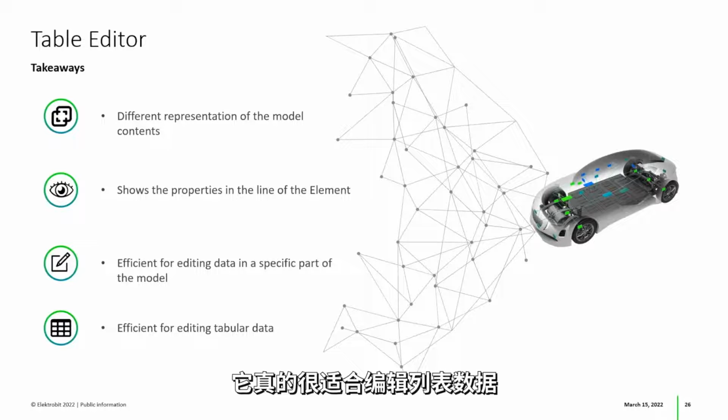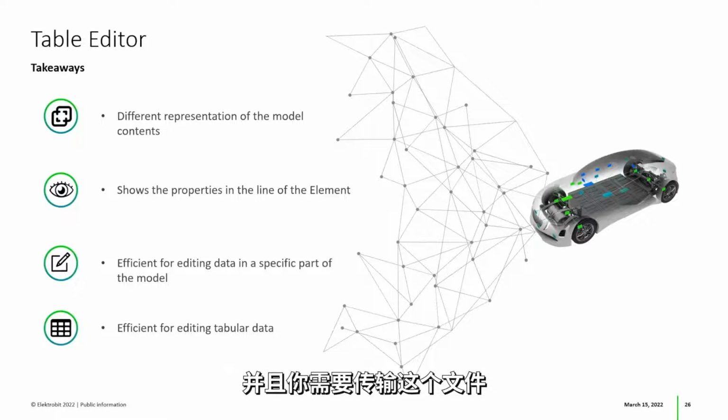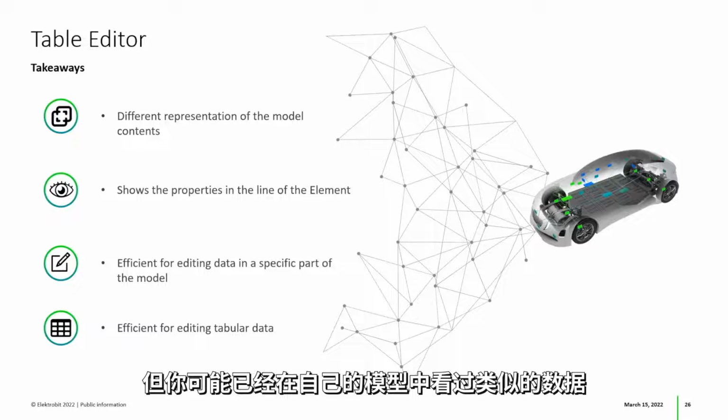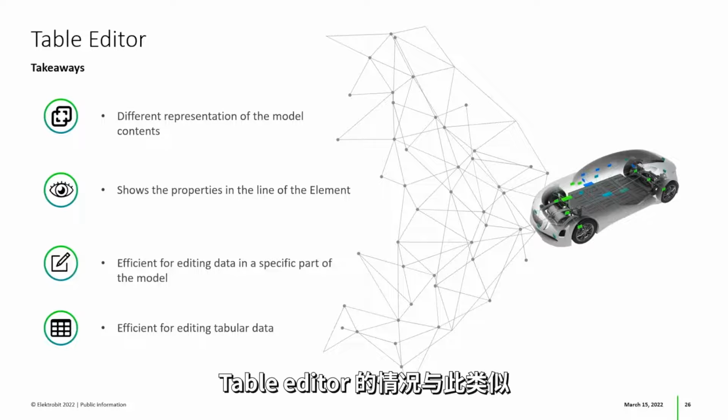And that makes it really, really good to edit tabular data. So maybe you get from your OEM an Excel file that you would have to transfer. You could also write a script for that, but you would have a similar experience in looking at this data then in your model. So much for the table editor.